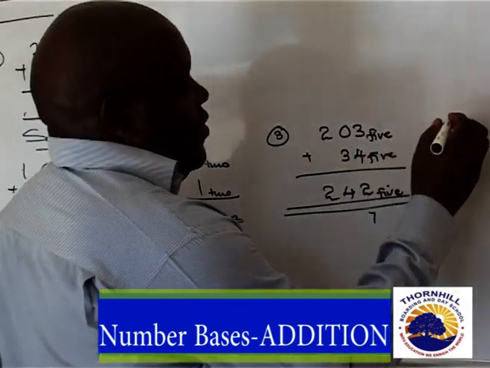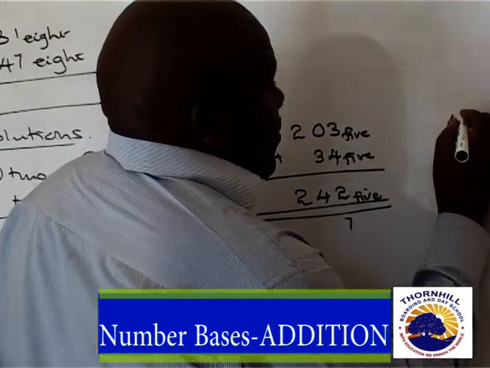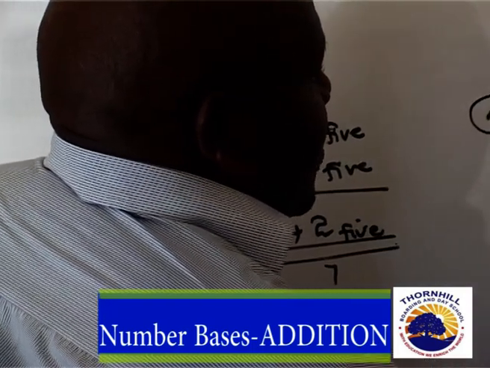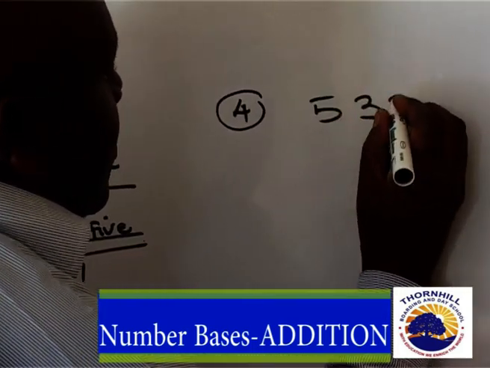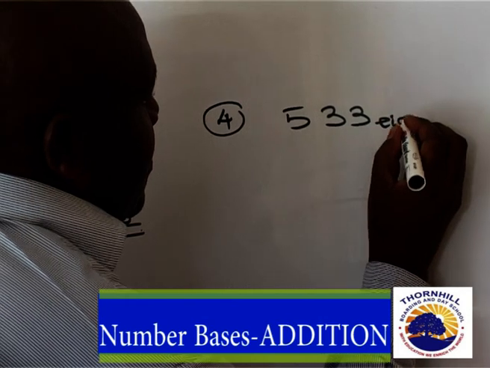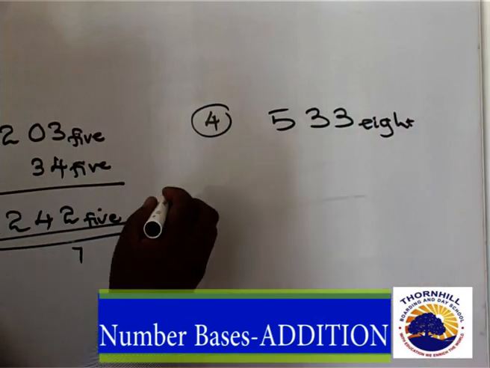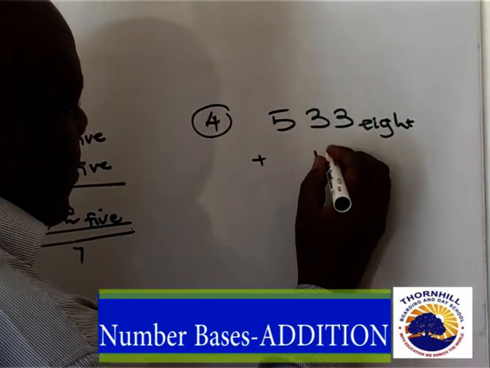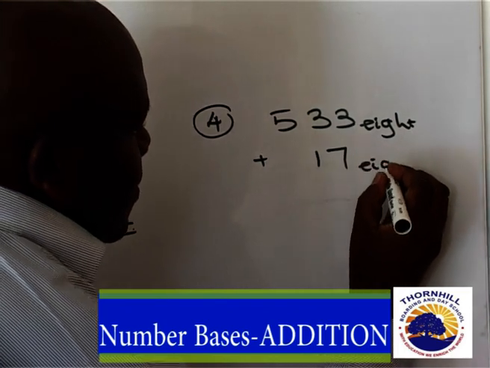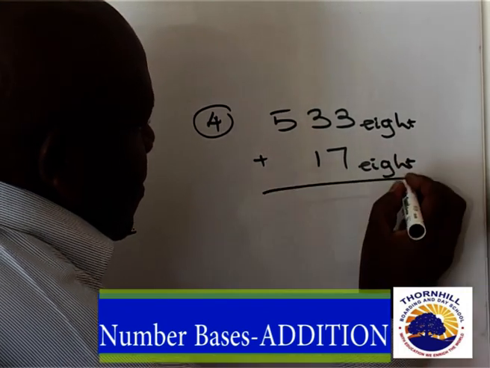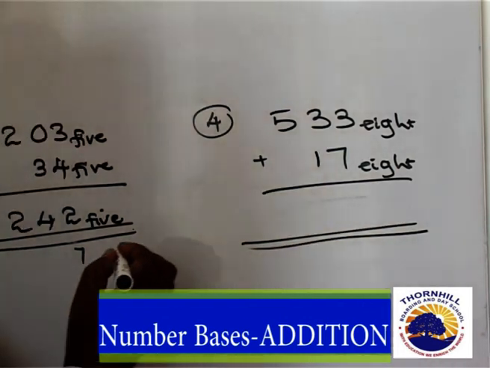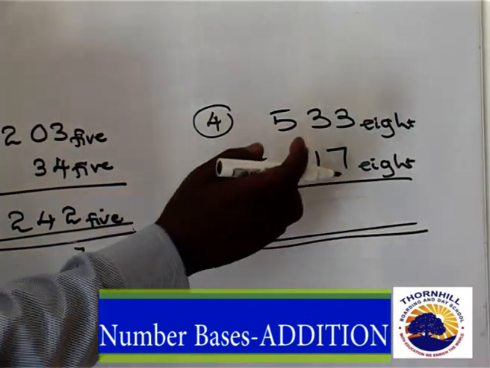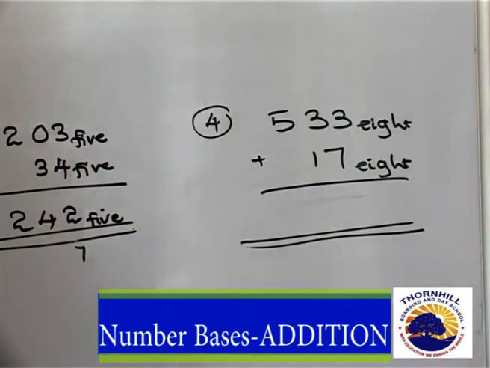We come to number 4. Again, we copy it the way it is, base 8. Then you add the 17. 3 plus 7 gives you a 10.